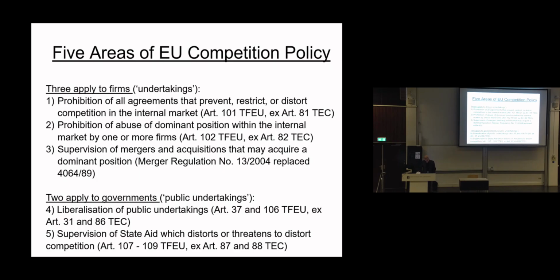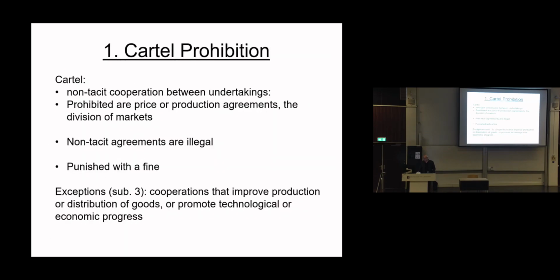For example, number 5, the supervision of state aid: it is no longer allowed for the member state to subsidize or to benefit particular companies within the economy. That is not allowed in the EU legislation.